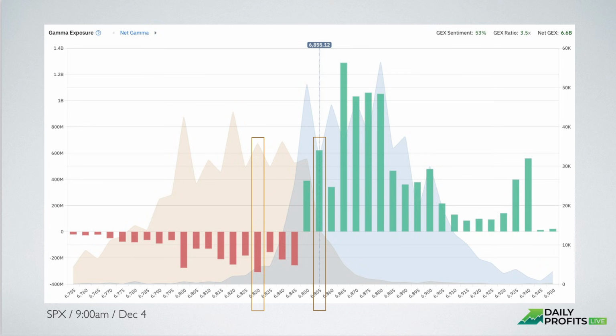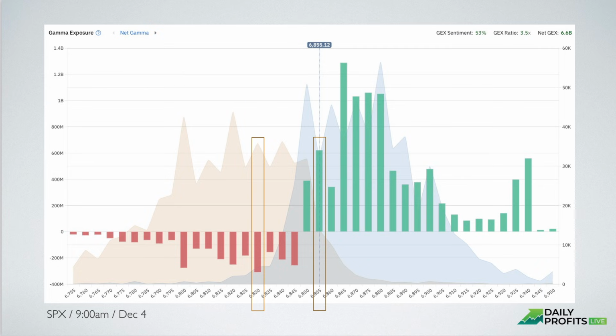So, for instance, this was support and resistance. This was the gamma chart yesterday, and what I want to call out here is you can see this is yesterday at 9 a.m. Start of the day. Okay. Price is at this dotted line here, okay?